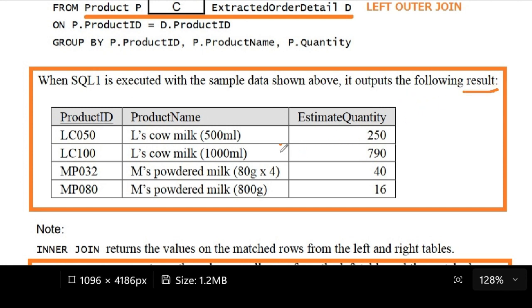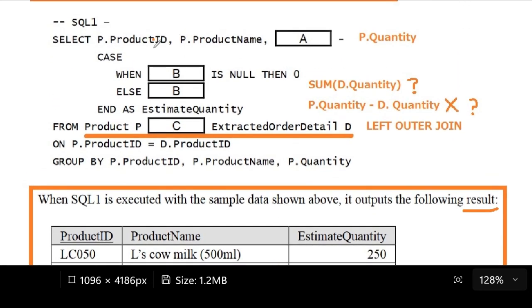Okay? And if we look again at the SQL statement, particularly the first part, it says here we got product ID, product name, and the other one is estimate quantity. But I think we don't have the word estimate there, and what we got is P quantity.